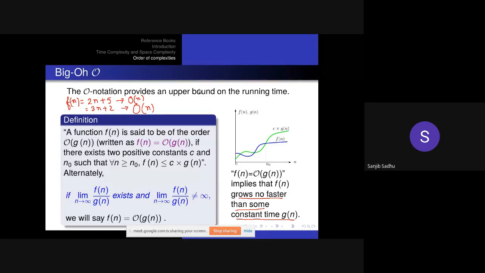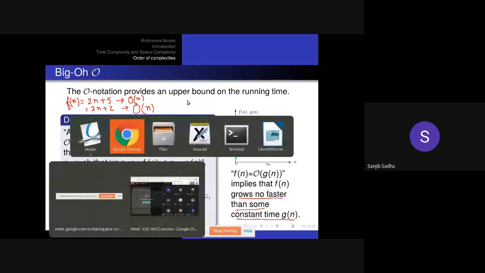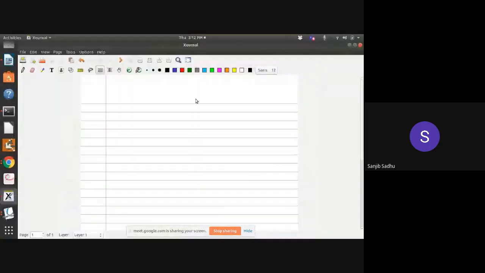Say this is the big O of n, where 2n plus 5 is there, 3n plus 6 is there, or say n plus log n plus 2.